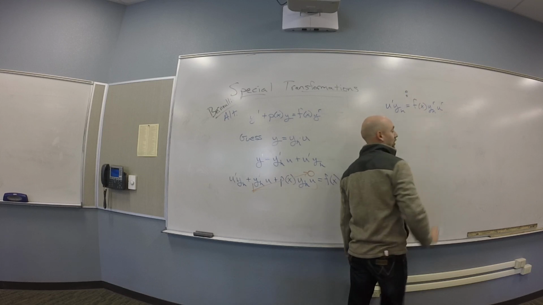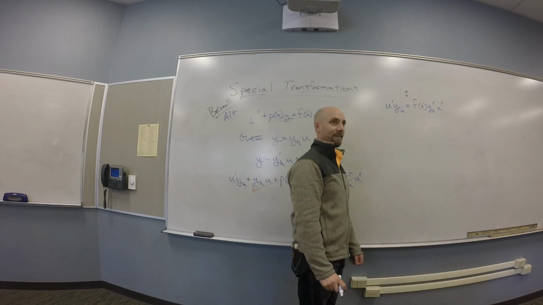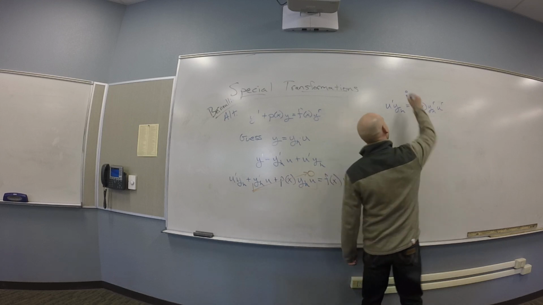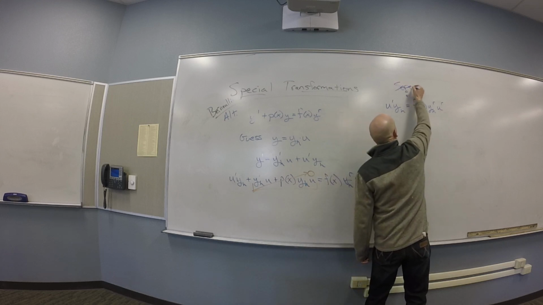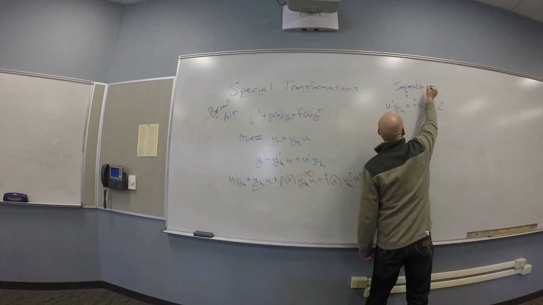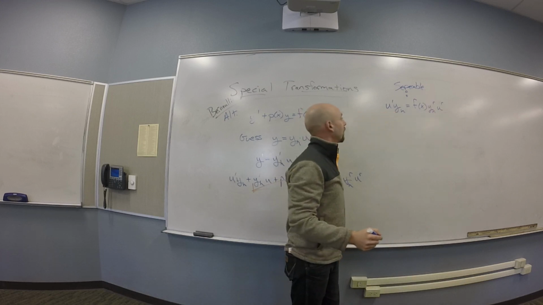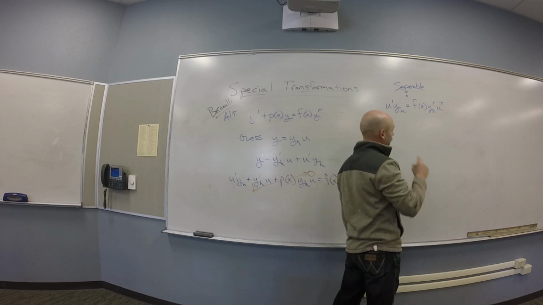What kind of differential equation is this right now? Is it separable? This is separable. Are we going to divide by u to the r? We are going to have to divide by u to the r.